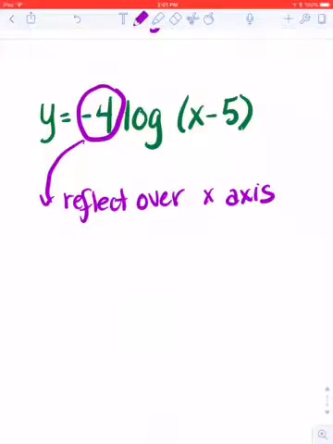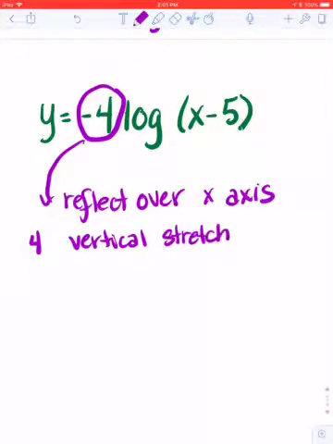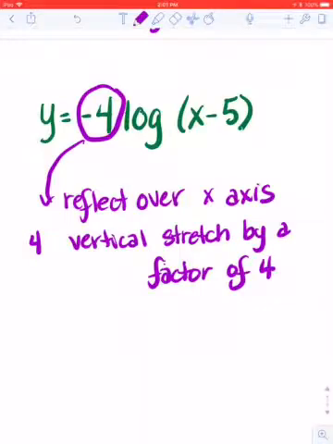And if I consider that number without the negative, it would be 4. And that means that it is going to be a vertical stretch because it's greater than 1. So they usually say it's a vertical stretch by a factor of 4. So whatever this number is here is what it is here.